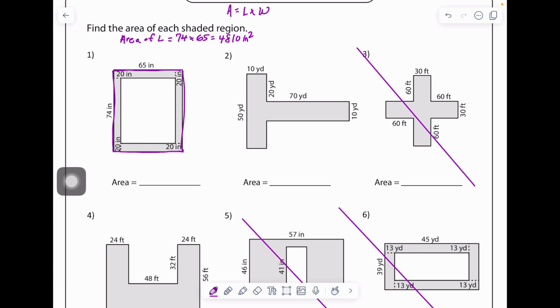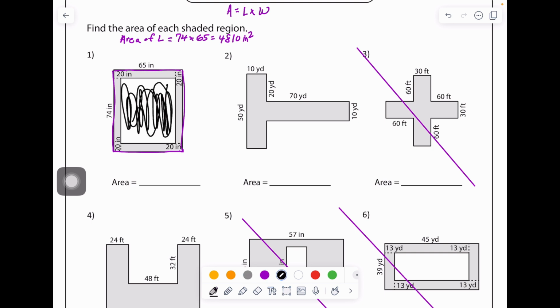Now I need to subtract the area of the white, or the part that's inside, the unshaded section. The unshaded section is this rectangle. So let's look at how I determine that. It'd be very helpful if I knew the measurement from one side to the other. I do know that the 65 is all the way across, but there are these short pieces that are 20.